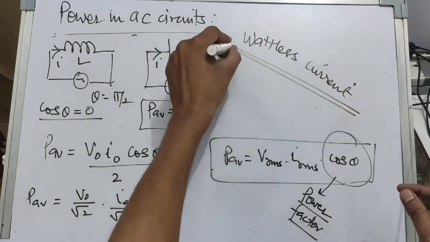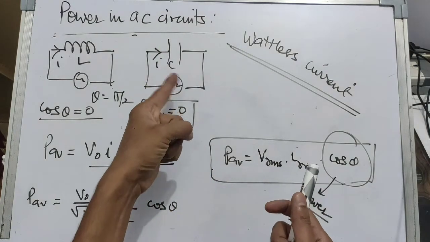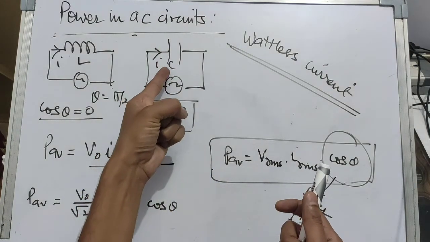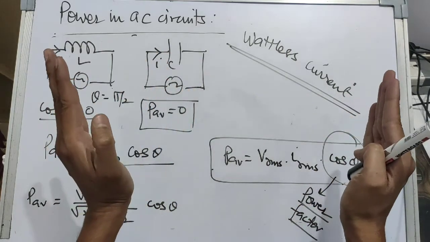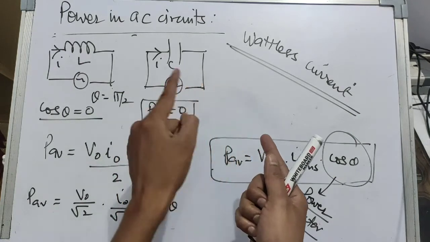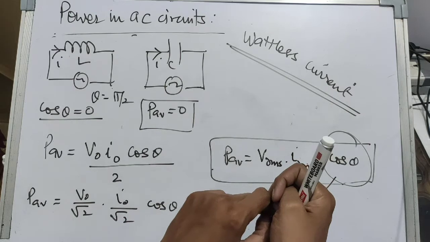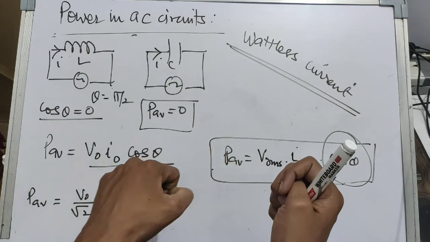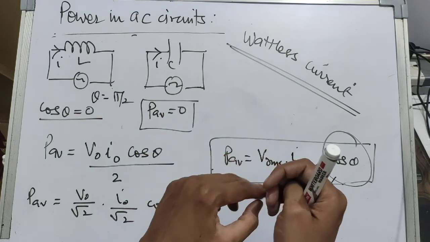No energy is dissipated over one complete cycle, and we will explain it. If we discuss a capacitor, then in one complete cycle of AC, for a certain time interval it will be charged, and in the next it will be discharged. So the energy you have given in charging will be given back by the capacitor while discharging.